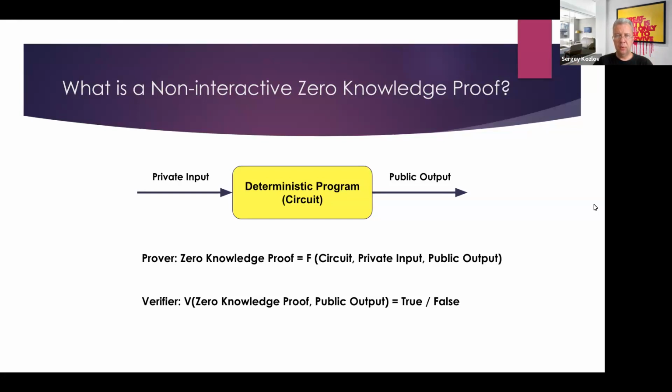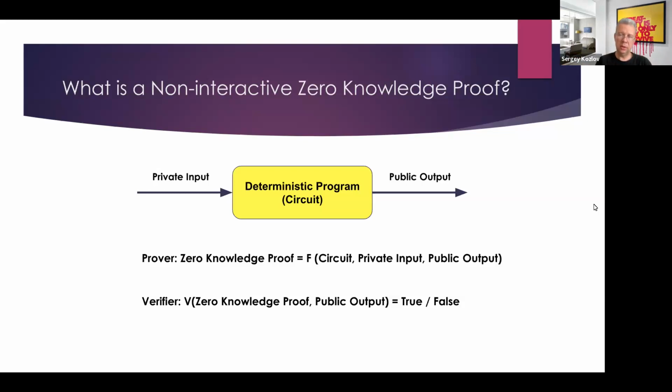The private input is the data which we do not want to disclose. It's hidden data, and this stands for zero knowledge. So this data will not be known to the verifier, the party you want to prove something to. And we generate this zero knowledge proof.